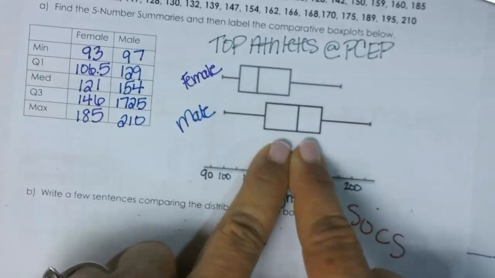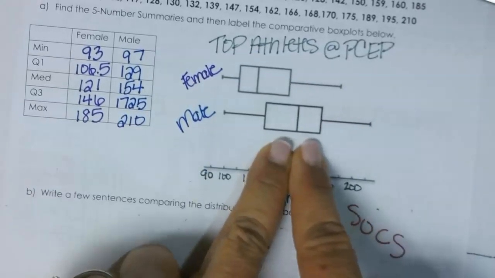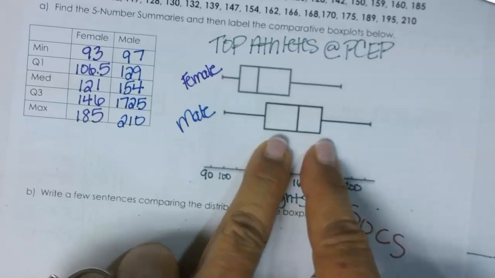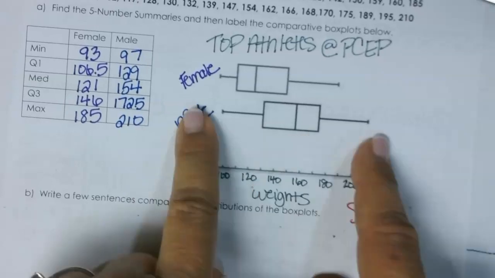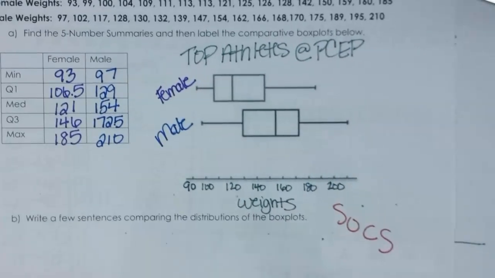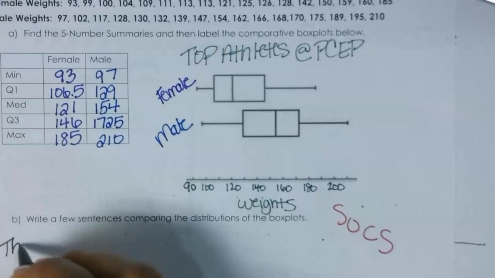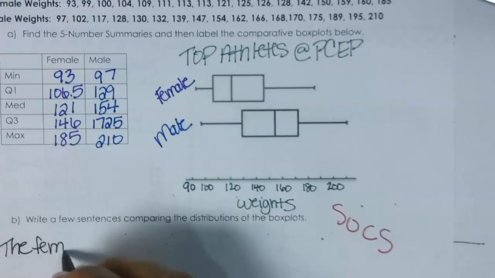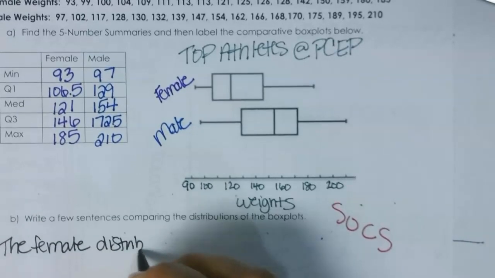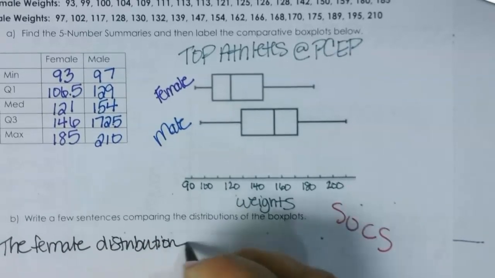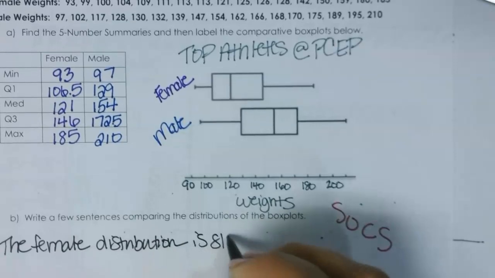And the male looks like it's a little more symmetric. Maybe skewed a little to the left, but more symmetric. So that's what I'll put here. I'll say that the female distribution is skewed right.